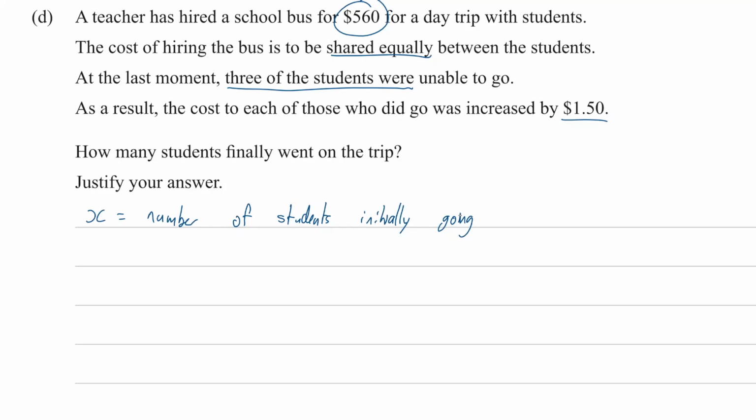Now I use the word initially because we could have defined it as the number of students actually going. So at the end, we'll just need to subtract 3 from this number to work out the number of the students that finally went. Let's let y equal the cost per student. Initially.